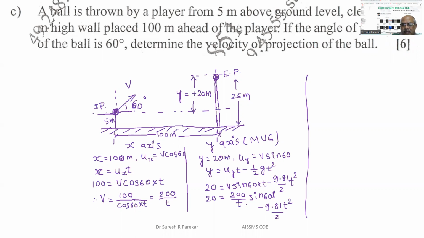So this t gets cancelled, and if we solve this, I got this value: 200 sin 60. This will come on the left side minus 20.